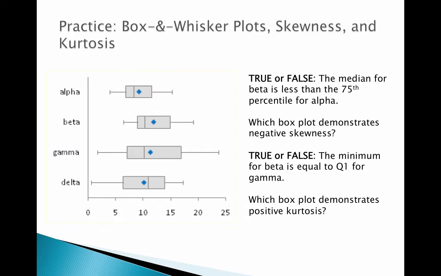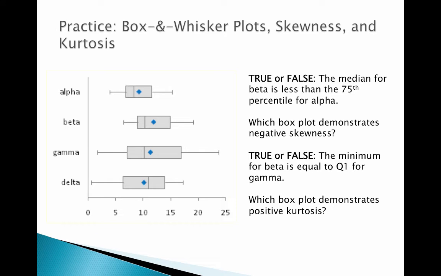I'm going to ask you another question that isn't on here. Which box and whisker plot demonstrates negative kurtosis, or the most negative kurtosis? If negative kurtosis is looking at the widest, well, what are we going to be looking for? We want to look for the box plot that has the bigger, wider box relative to the whiskers.